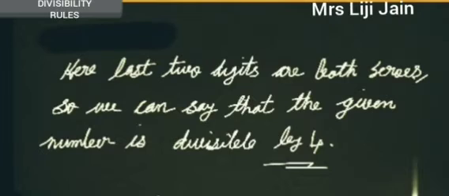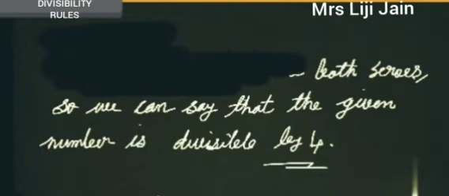And next, write down similarly all numbers in which both the last two digits are zeros are divisible by 4, isn't it? Okay, write down.